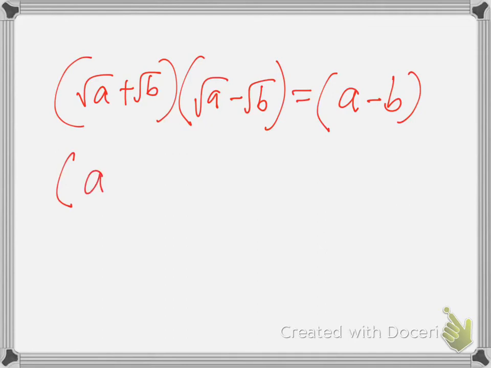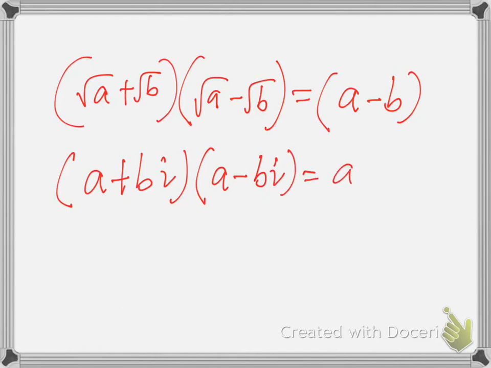If it's this conjugate complex number, this will be a squared plus b squared. If you try to remember these two formulas, it's too hard. Sometimes you get the wrong sign, sometimes you get the second power, or forget the radical sign. So my suggestion is, just use the FOIL method and do it yourself.